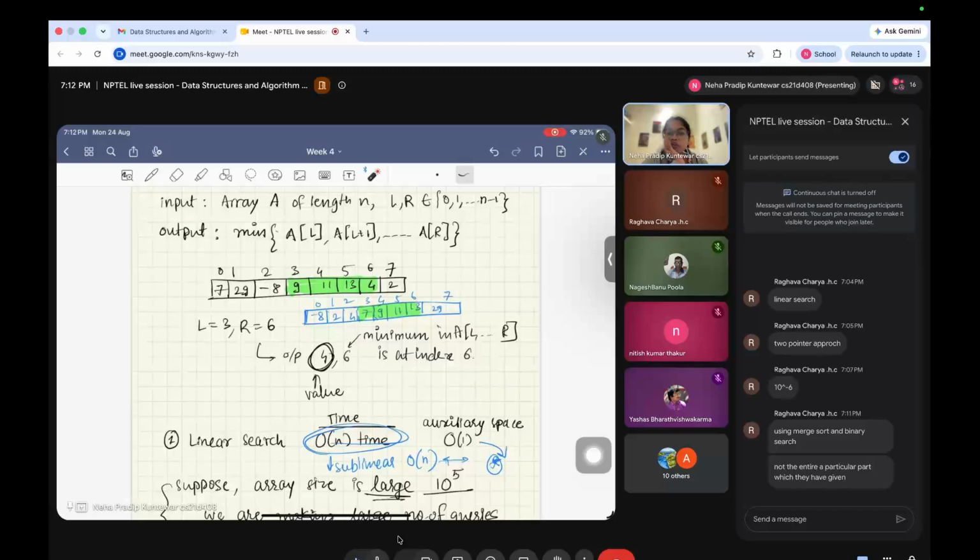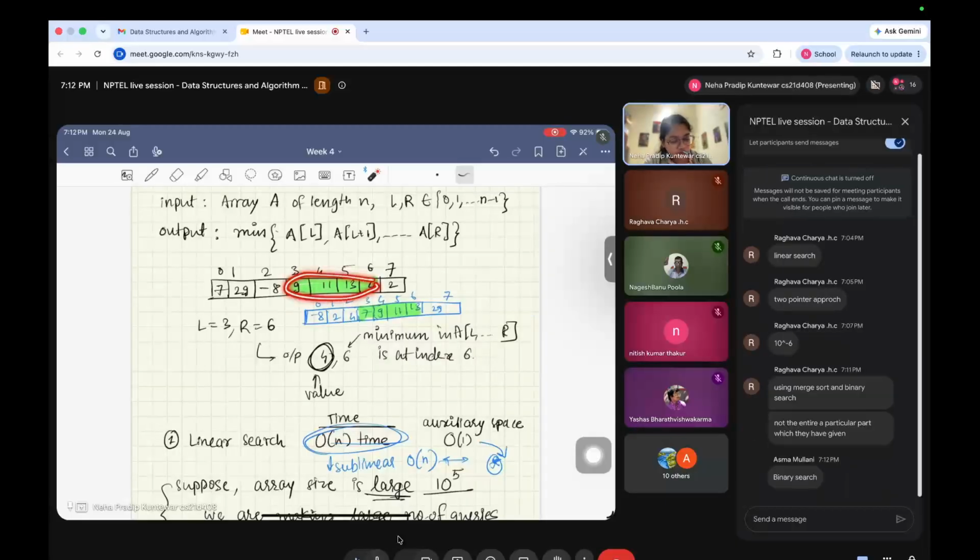So you don't want to apply it on this part. But if you're doing a sorting algorithm, let's say the size of this subarray is 4, which is, let's say, n by 2 for us currently, half the original size.